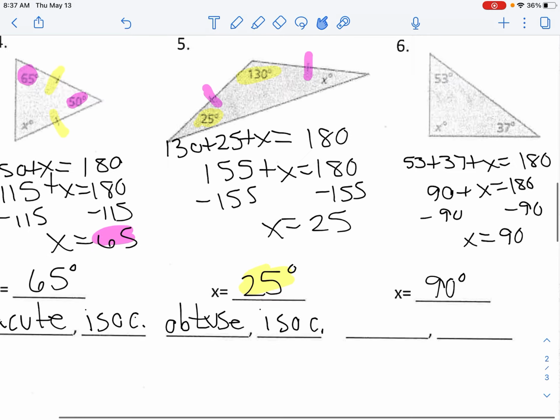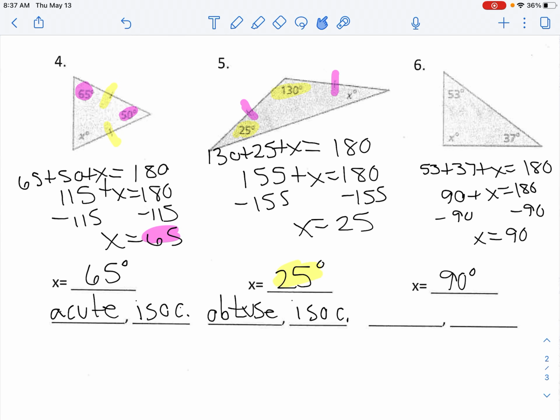X equals 90 degrees. So now we're going to classify. So let's look at our angle measures. Since we have one 90-degree angle right here, this is going to have to be classified as a right triangle. And based upon the side lengths, I don't see any marks that any sides are congruent. So this is going to be scalene.